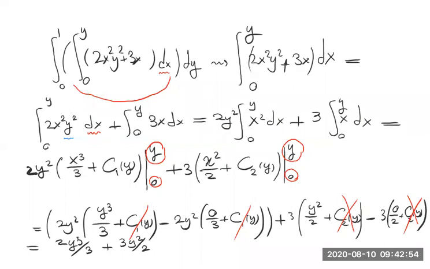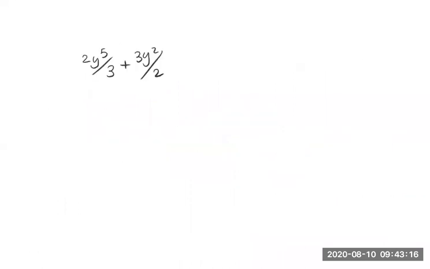The constants here kind of always cancel each other. That is true. So now I should take another integral with respect to y. There is another integral left, right? I should compute the integral with respect to y. So I should take the integral of this thing with respect to y.